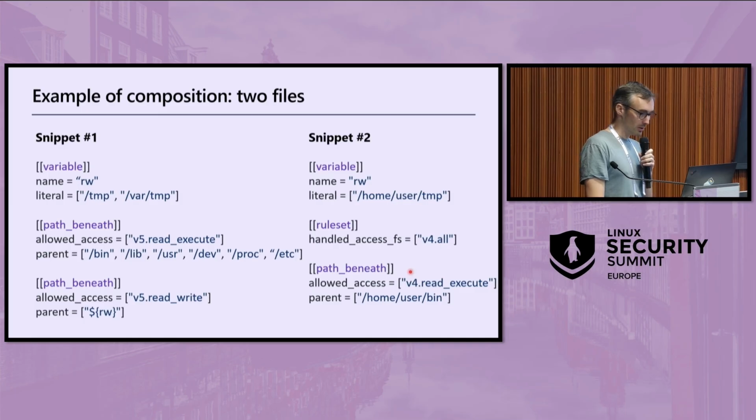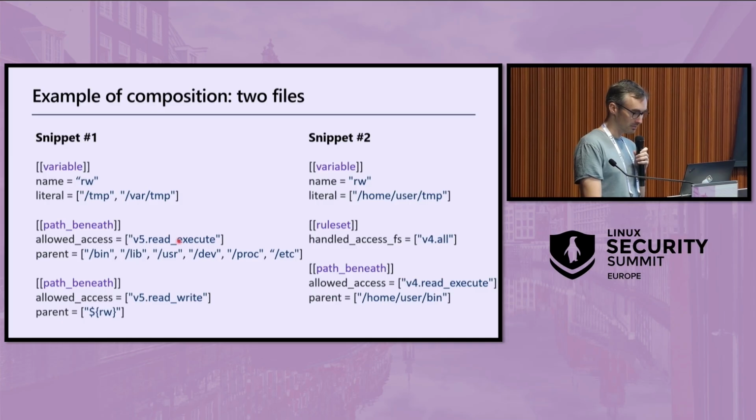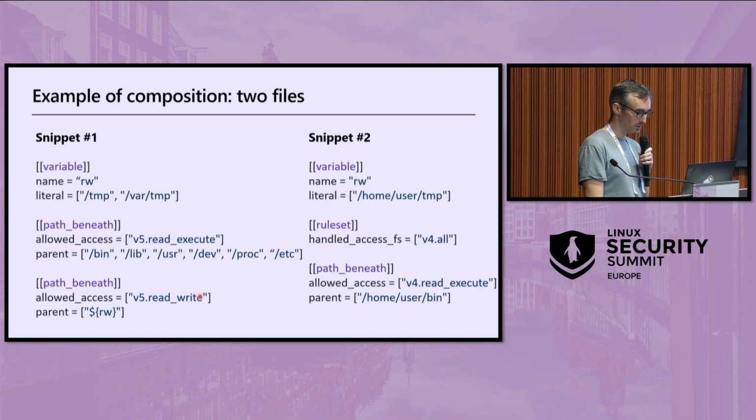And because Landlock is deny-based for access rights, and in this case we define read, execute, and write permissions, it will infer that the whole sandbox will deny by default read, execute, and write. But because we only add a rule with read, execute permissions, it will only deny by default read and execute. So if you want to also deny write, you need to specify that as well. So that's the way it is done.